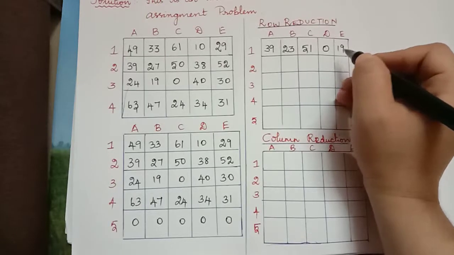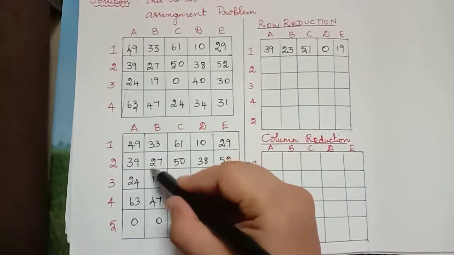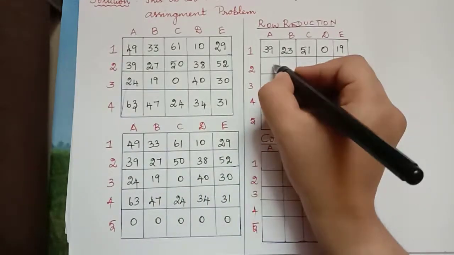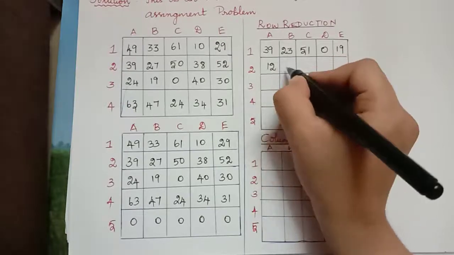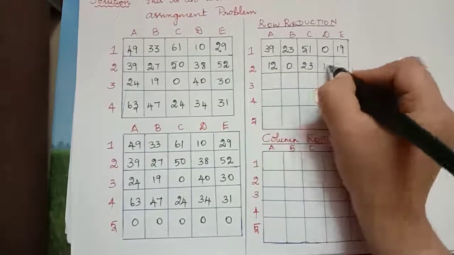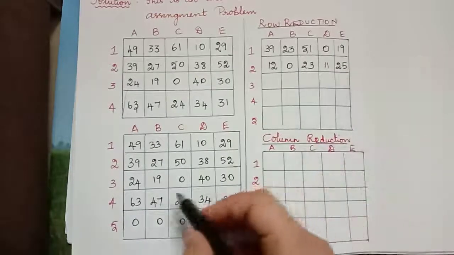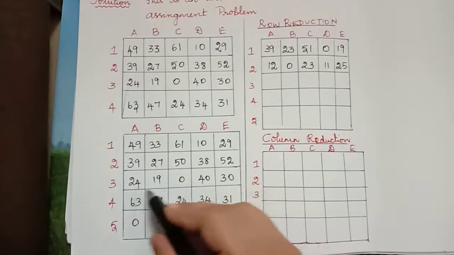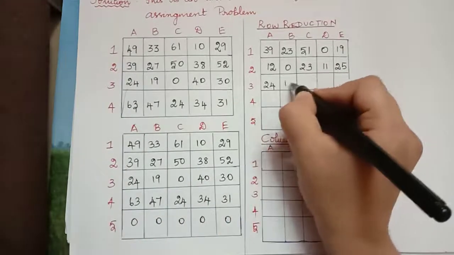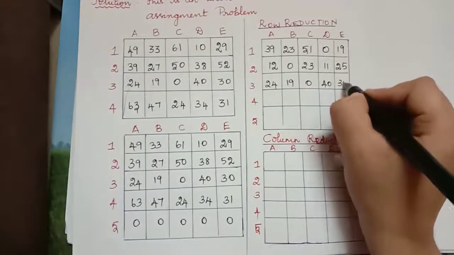Similarly, in the second row, the least element is 27. And when we subtract this value from the other elements, the matrix changes as 12, 0, 23, 11, 25. And the next row, the minimum element is 0, and so the row will remain the same. So 24, 19, 0, 40, 30.